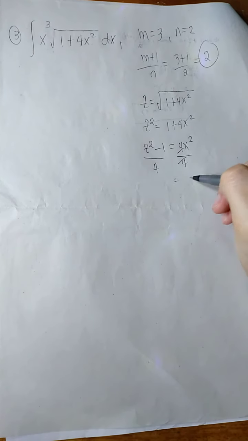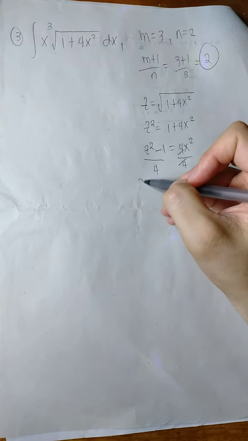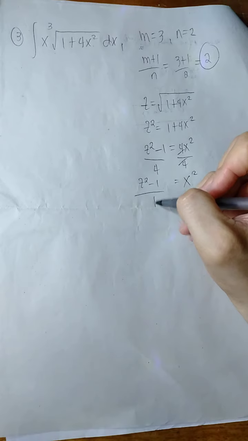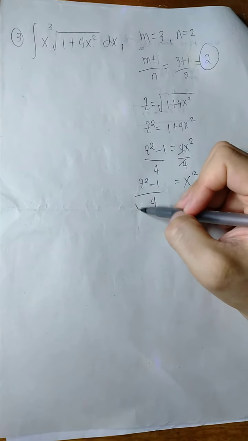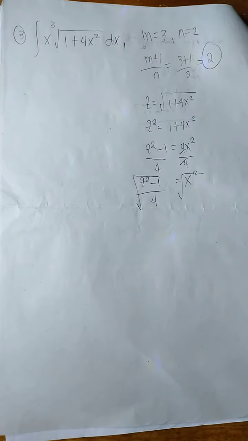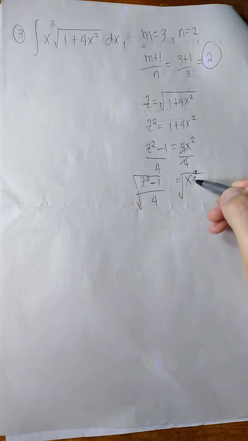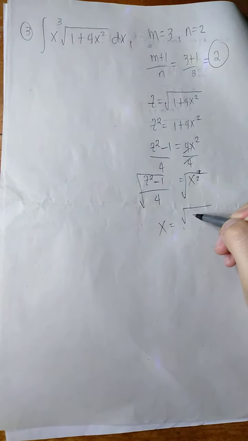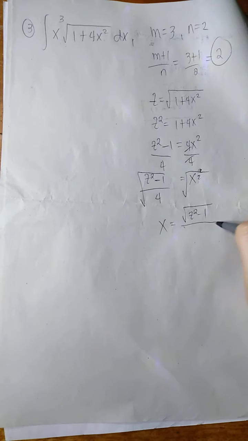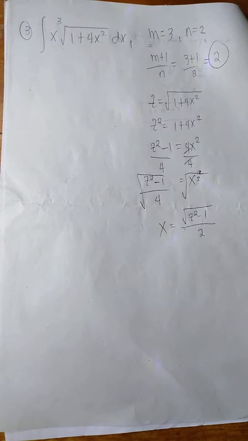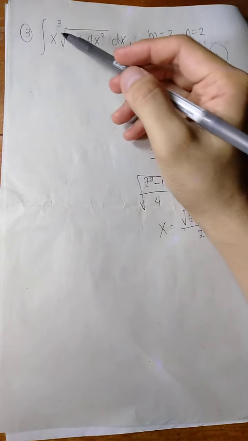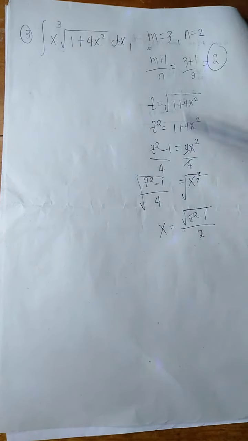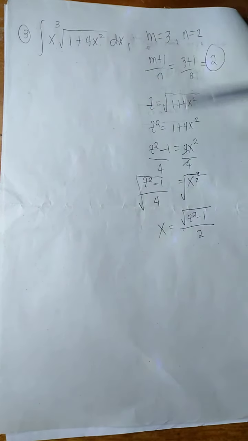So magiging x squared is z squared minus 1 over 4. And if we take the square root of both sides, x is equals to the square root of z squared minus 1 over square root of 4, 2. So yun na. So it means pala itong x na to, papalitan natin ito by this one, in terms of z.